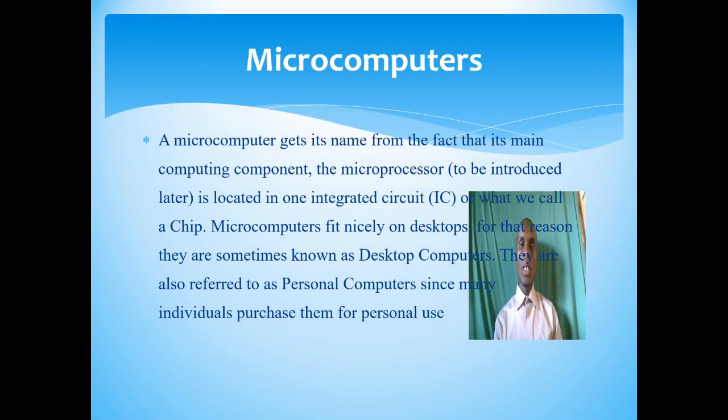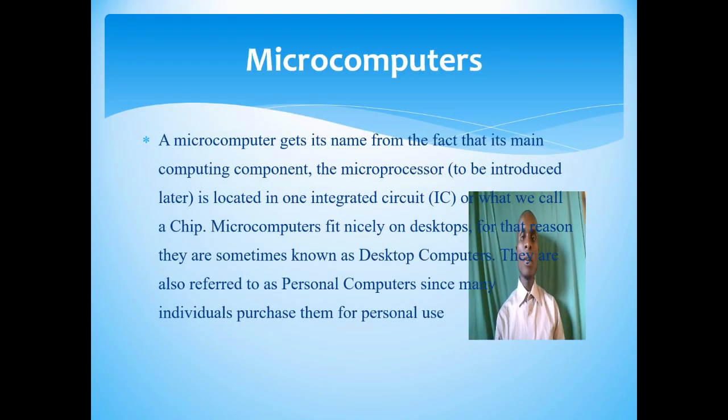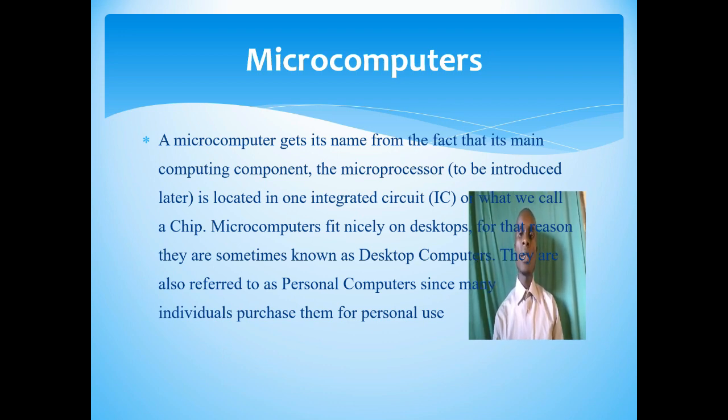So class, lastly we have microcomputers. Microcomputers get their name from the fact that their main computing component, the microprocessor, which we will talk about later, is located in one integrated circuit, or what we call a chip. The microcomputer fits nicely on a desktop.